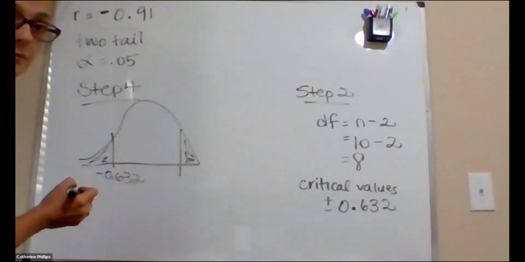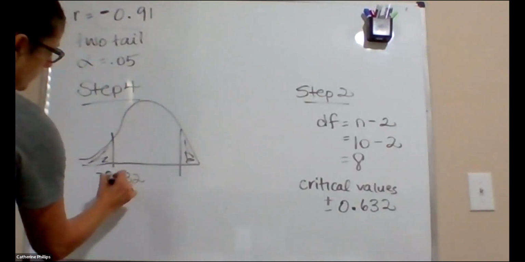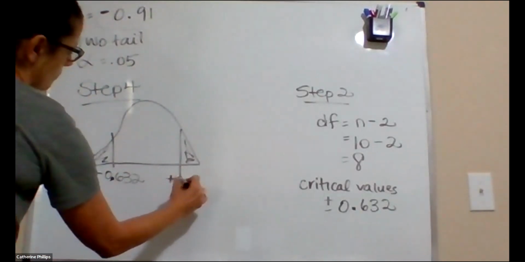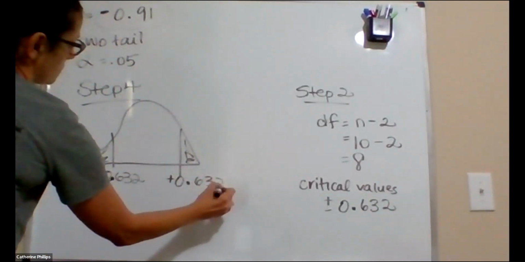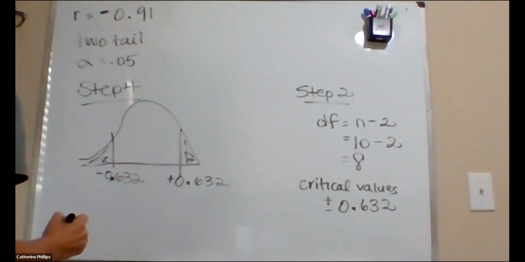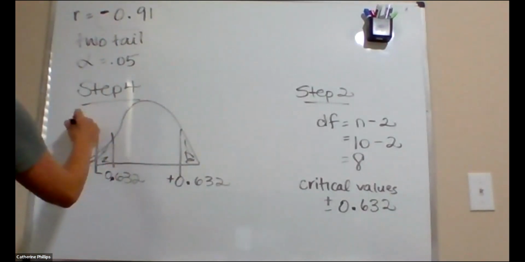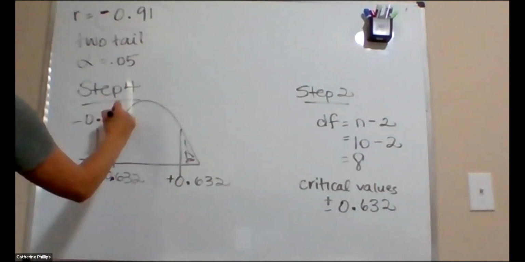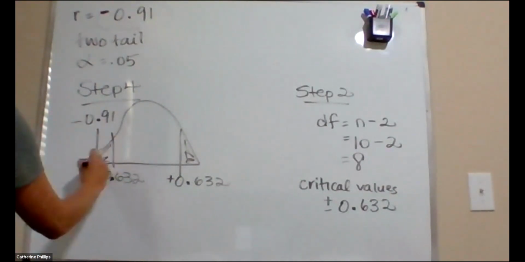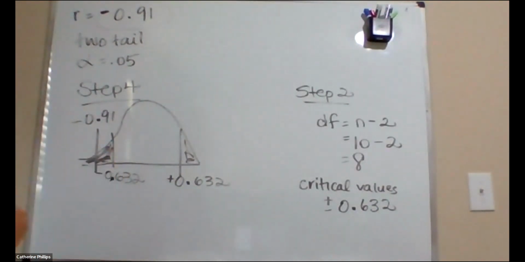Let's see if I can block my glare here. So minus 0.632 and positive 0.632. The value we calculated was minus 0.91. So we're in this critical region.